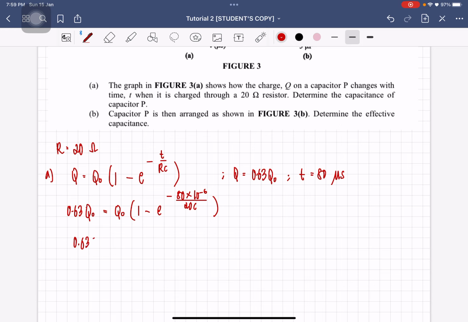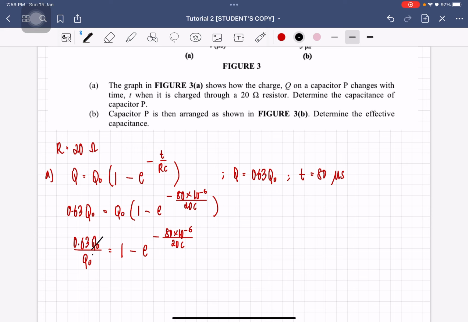So when you do it like this, you are left with, actually I'm going to simplify that. Never mind, I'm just going to write it down. 20C. Oh, sorry.